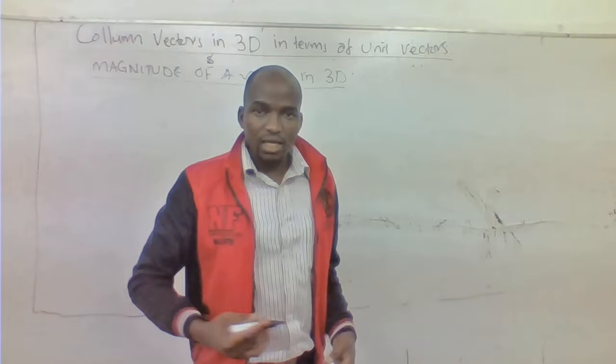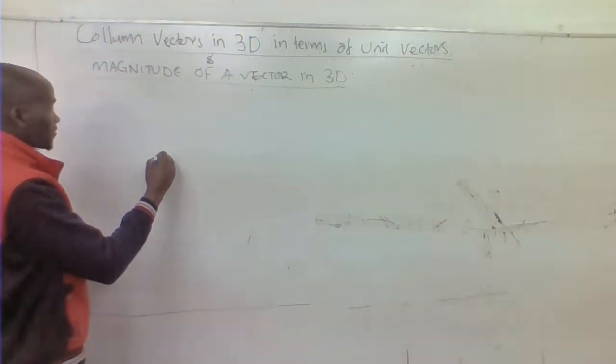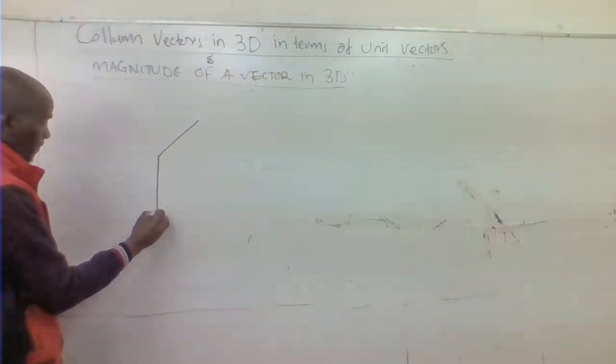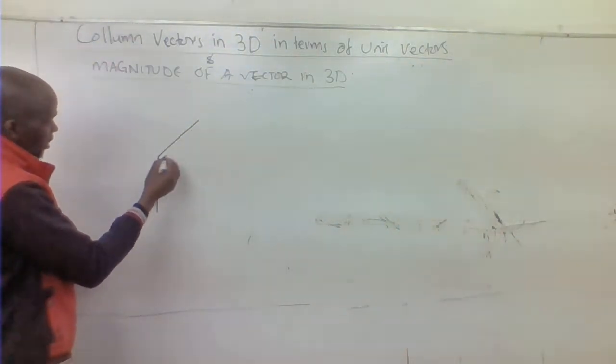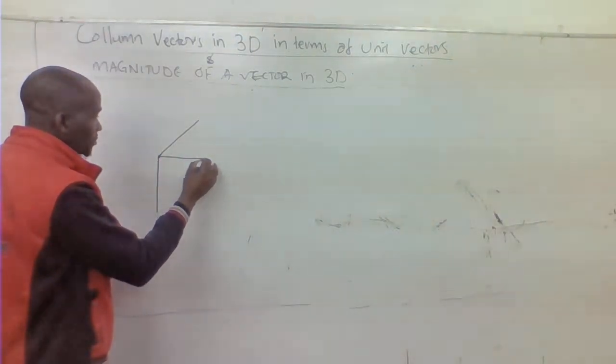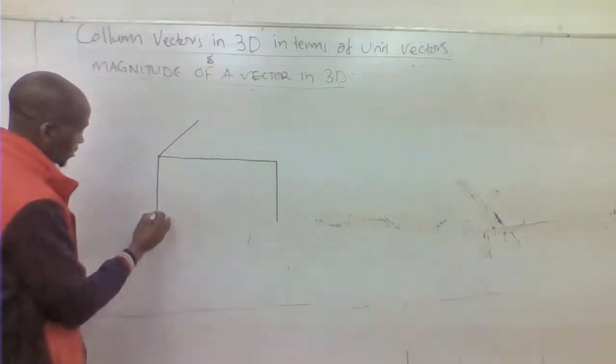To understand this, I'm going to draw a cube here on the board. Not a cube, let's take it as a cuboid. Let's draw a cuboid, a cuboid will be better. A cuboid like that.